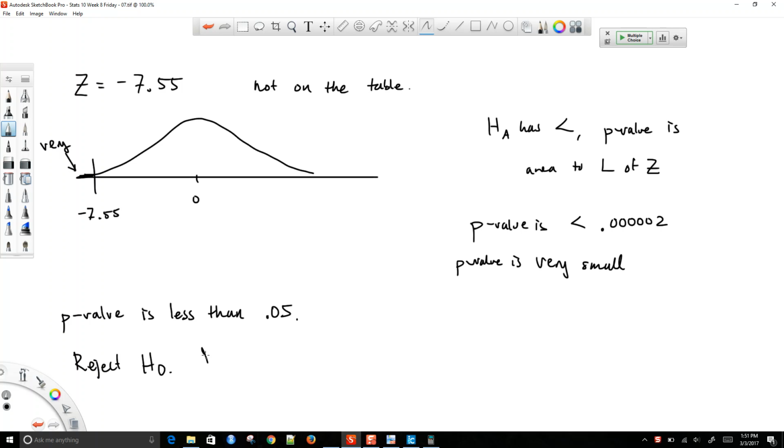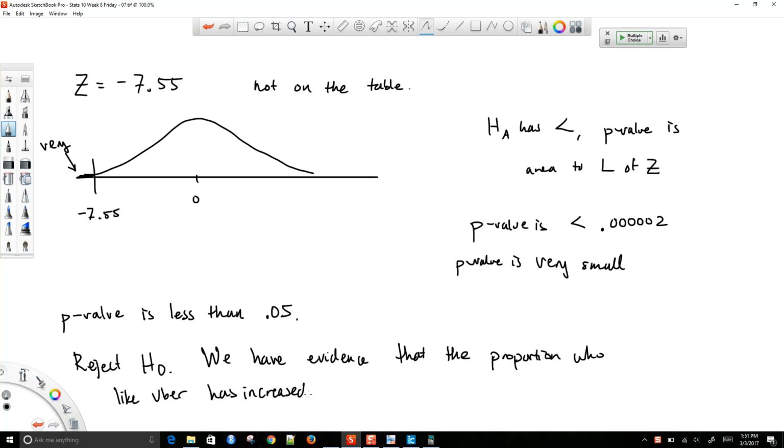We say we have evidence that the proportion who like Uber has increased. Okay, we'll end here.